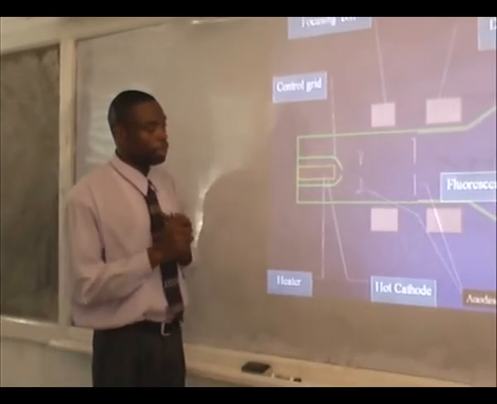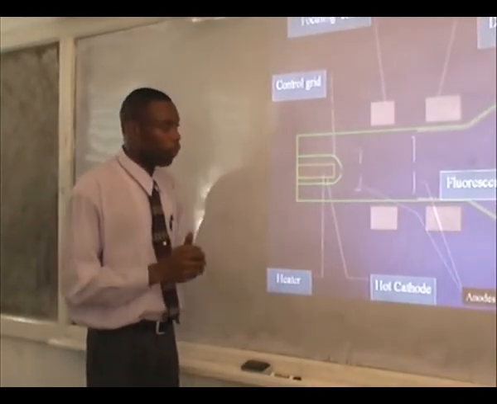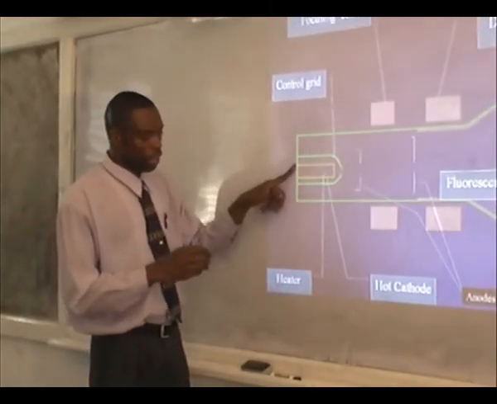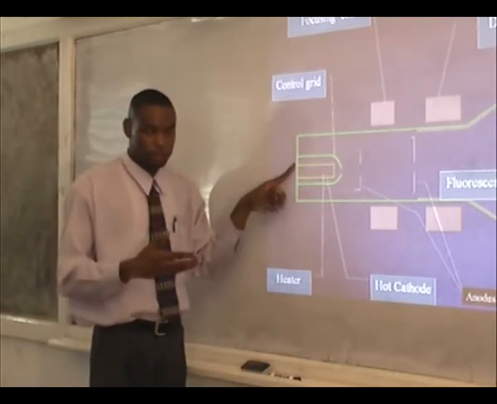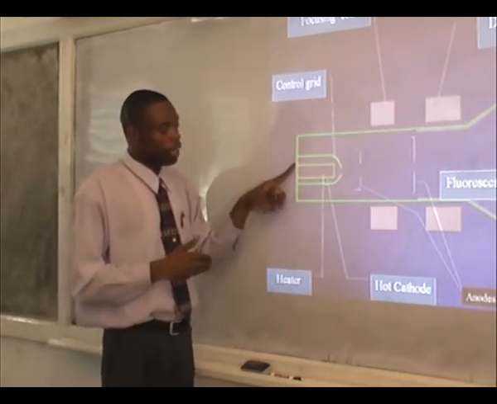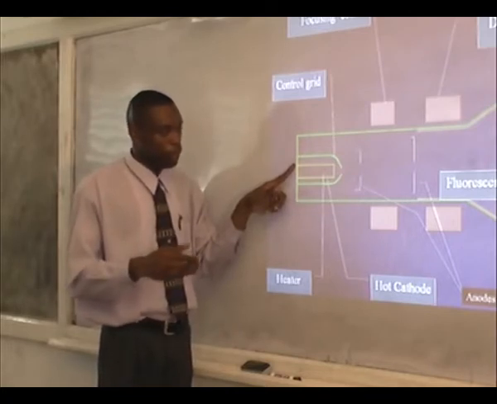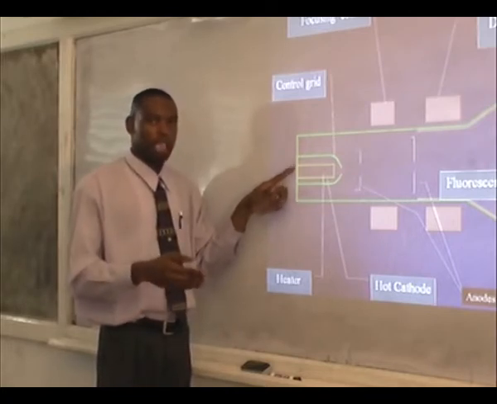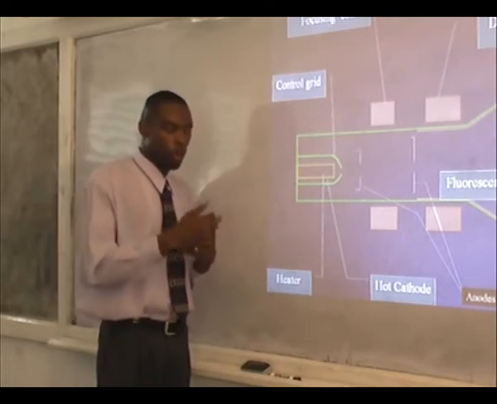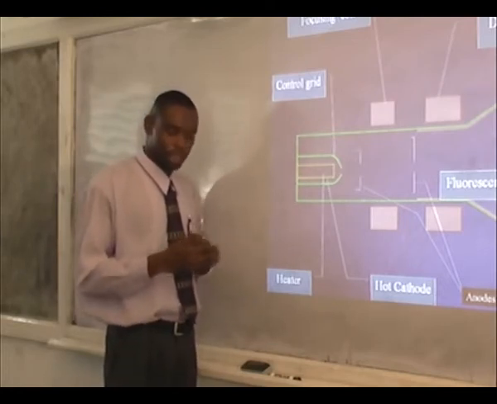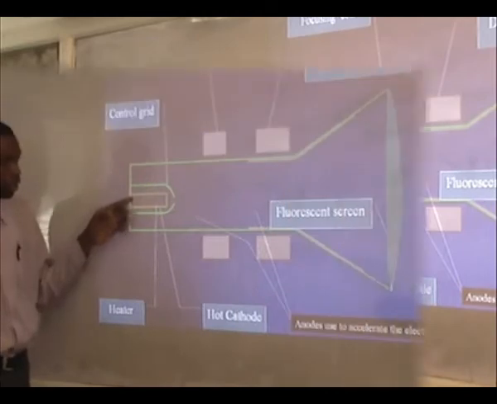Alright, recall with me the name for the cathode emitting electrons. When a metal emits electrons, the process is called thermionic emission.